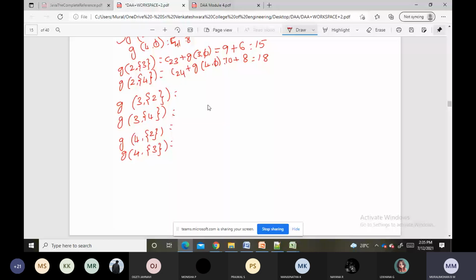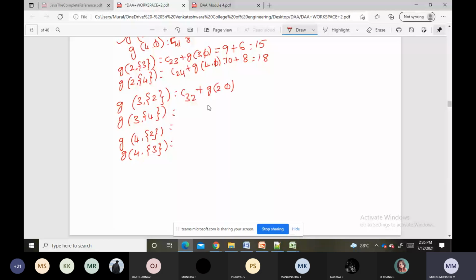Similarly, you calculate this. So what happens? What is this? C of 3 to 2 plus G of 2 to 1.